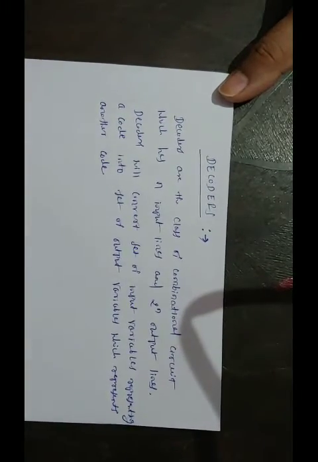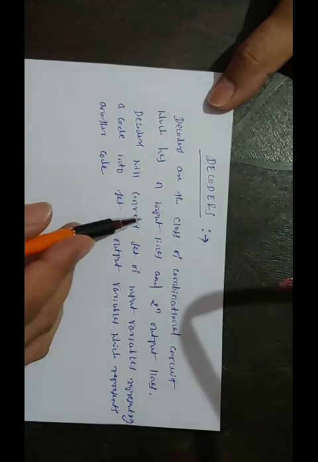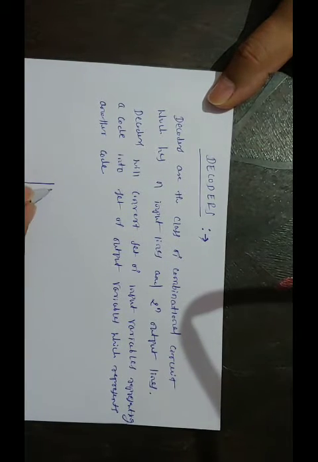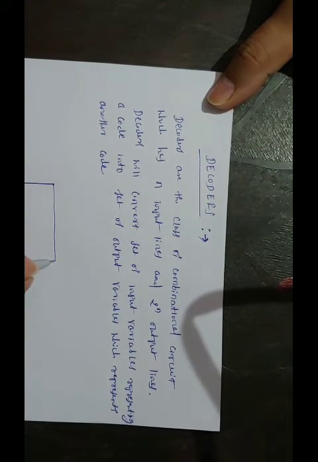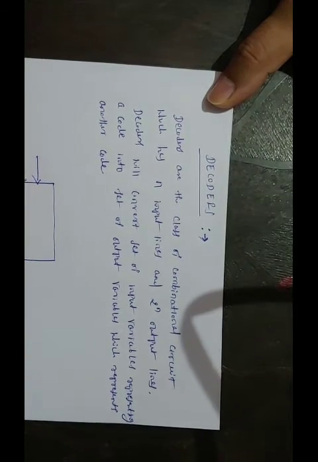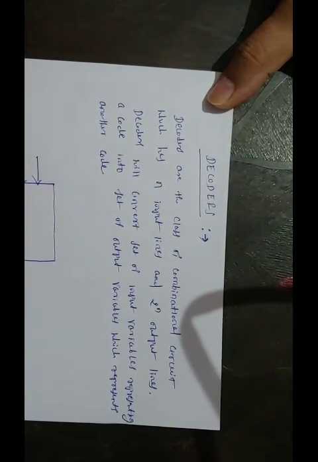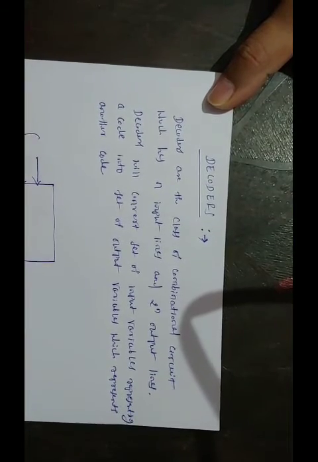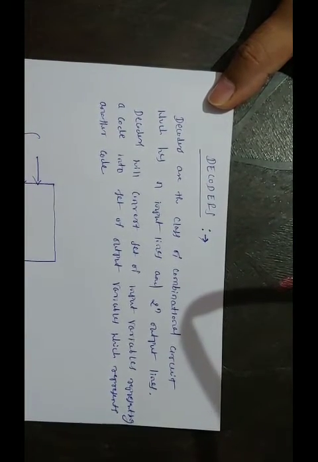So look at the definition here. It has n input lines. So I am going to draw the general block diagram of a decoder. See the input lines. So I can mark it as n input lines.